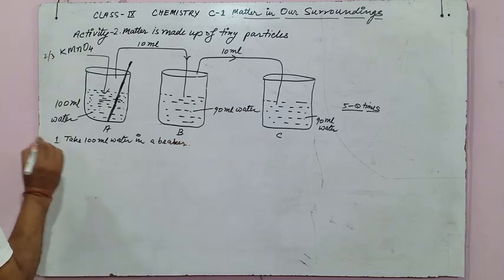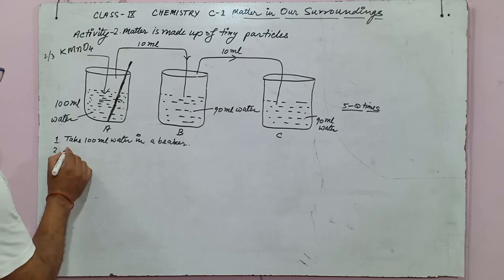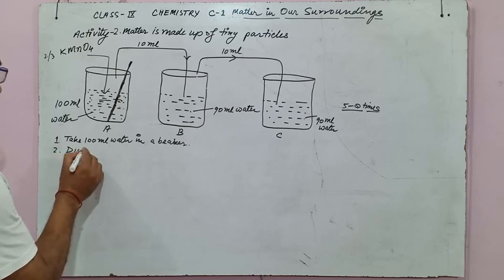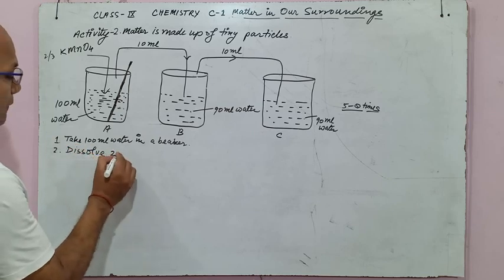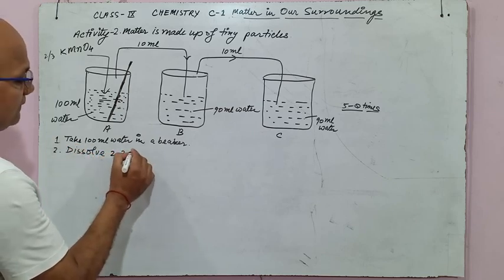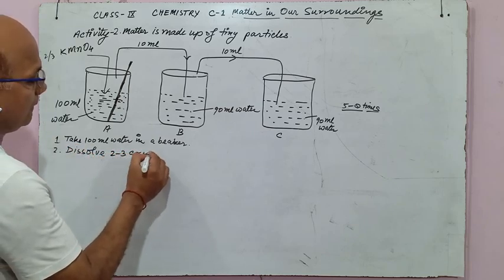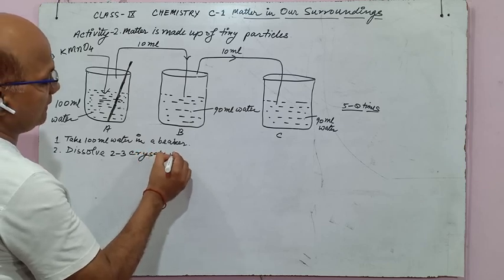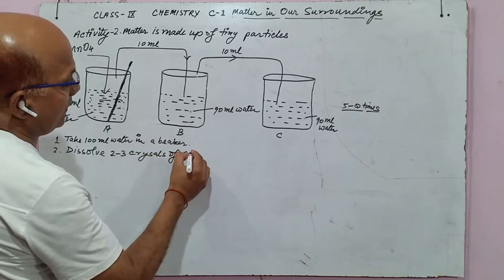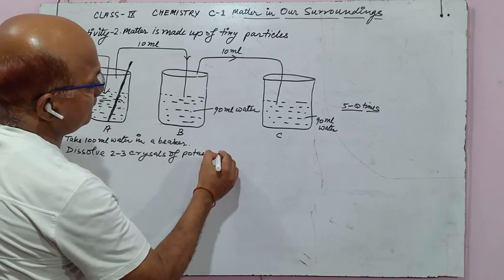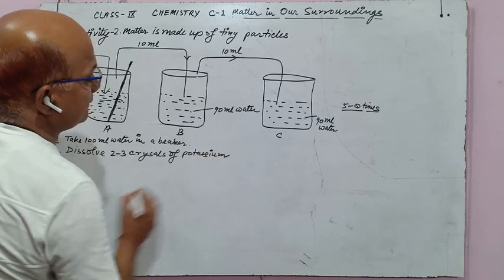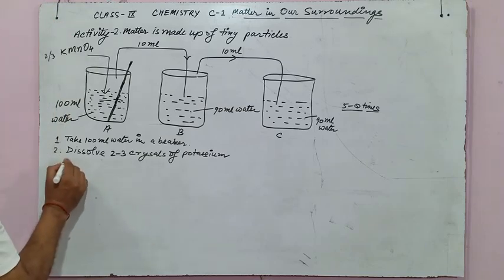In the second step, dissolve 2 to 3 crystals of potassium permanganate.